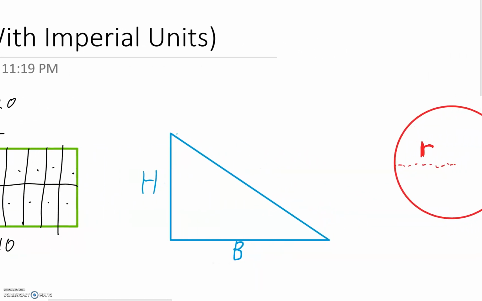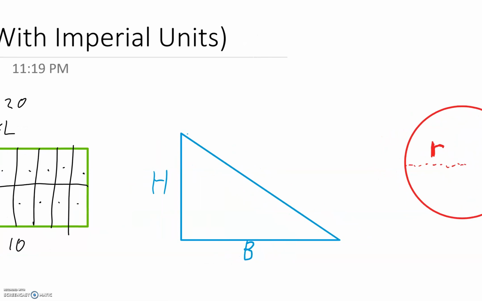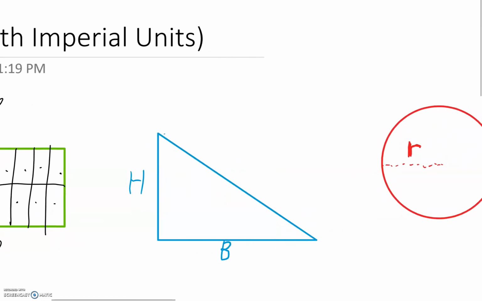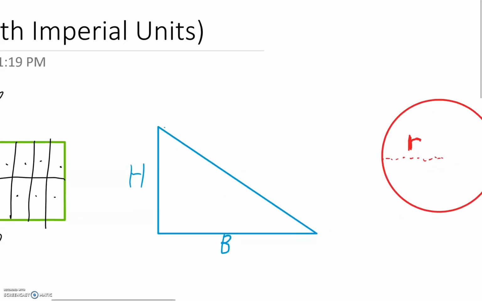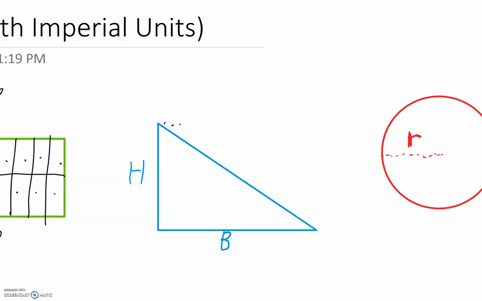Okay, so let's move over to a triangle and notice something here. There's something special about a triangle because, let's use purple, we can see that it's actually exactly half of a rectangle.